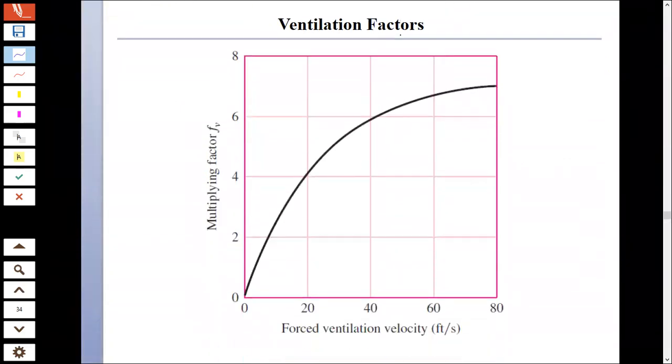But if there is air moving or there is forced ventilation, then the HC, which is the convective heat transfer coefficient, should be multiplied by FV. For example, if the air is moving at 20 foot per second, then you have to multiply the HC by 4. Similarly, if it is 40, you have to multiply it by about 5.9, and so on. So that will enhance the amount of heat transfer.